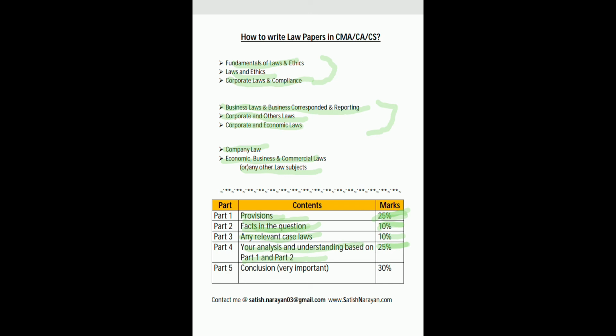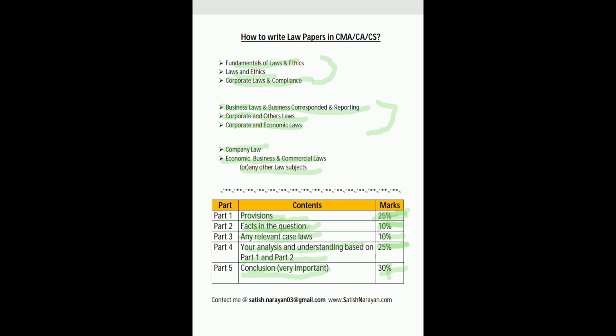If you are done with part 4 very neatly and the conclusion, you're almost done. Your conclusion should be very neat. You need to write the heading conclusion, then in the next line you can write, as per the above provision and facts given in the question, referring to the case law, we can conclude that the director cannot be reappointed or can be reappointed based on these provisions, the case law and the facts.